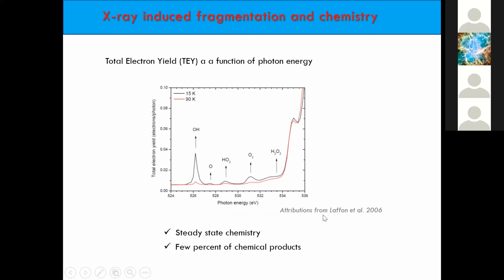So thanks to Lafont et al., we are able to assign oxygen bearing compounds, and showing you that these peaks are stable when we irradiate. So it's a steady state chemistry, and we can estimate that it's about a few percent of chemical products that are present on the ice here, showing you that there is an intense chemistry behind this process also.